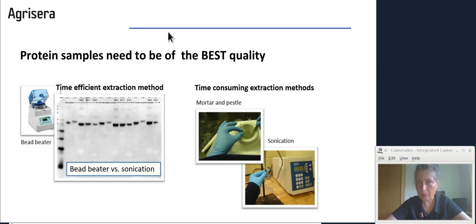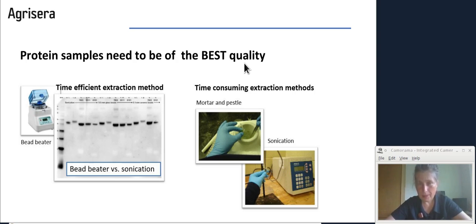So please remember that the samples need to be of the best quality, and optimally they need to be fresh. Usually storage of a protein sample is not recommended and may result in protein degradation.